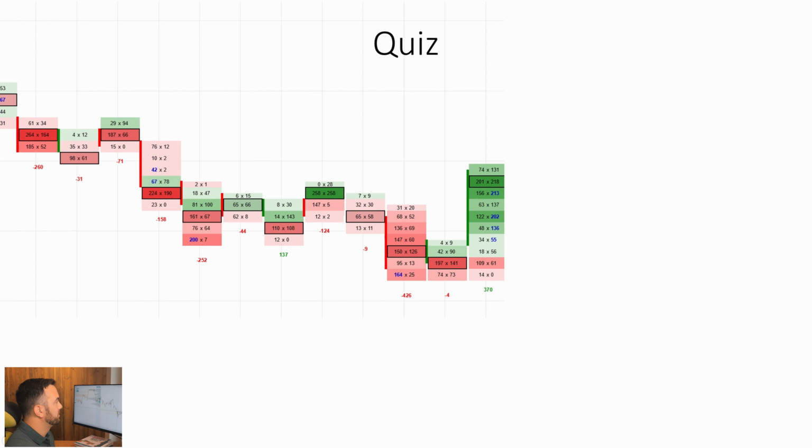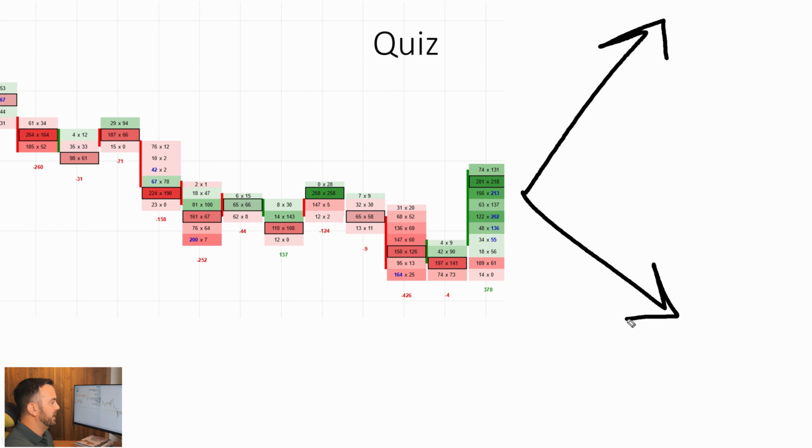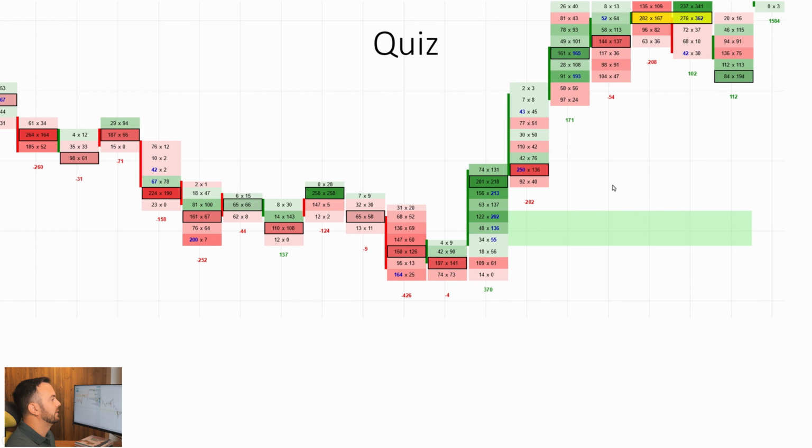Now, next question. Is the price going to go up or down from here? I'll give you a second to think about it. And price goes up. The reason why it goes up is that there were those buying imbalances, aggressive buyers showing up.